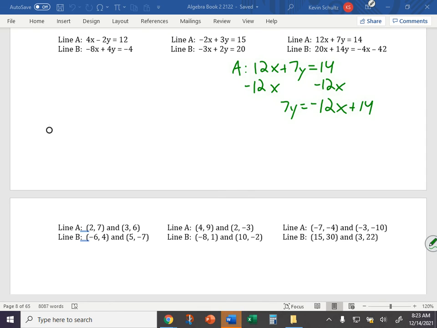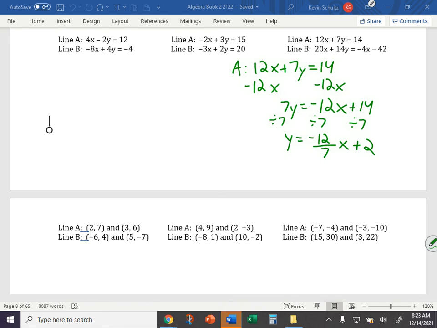Divide everything by 7 now. And we get y equals -12/7 x plus 2. Okay? Converting from standard form to slope intercept form. Move the x term over, divide by the coefficient of y.